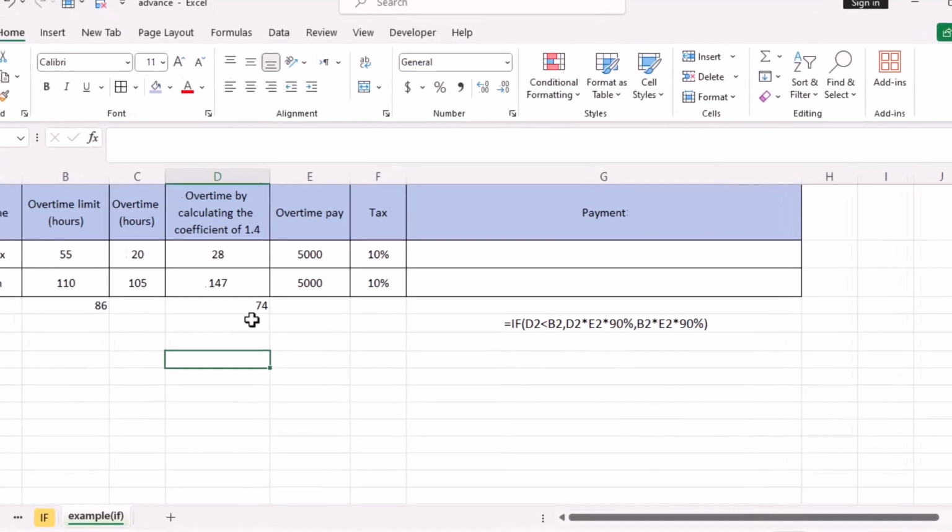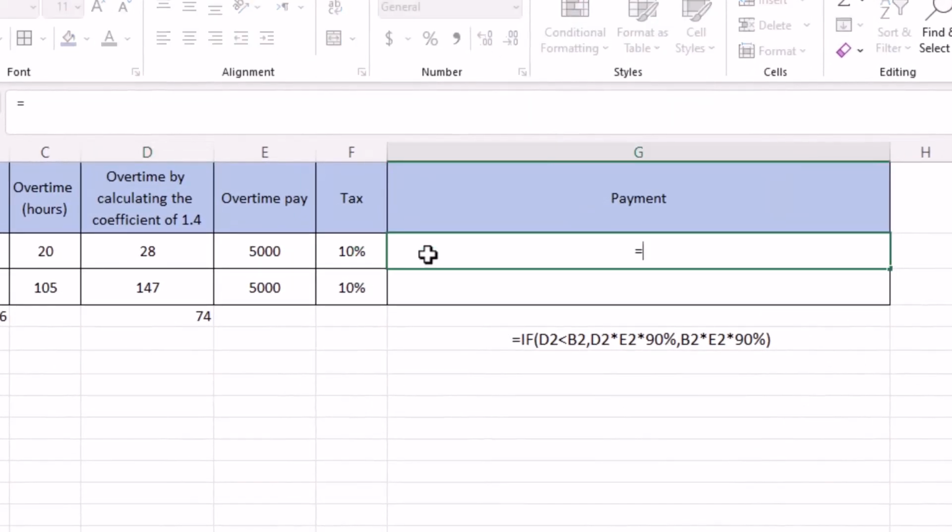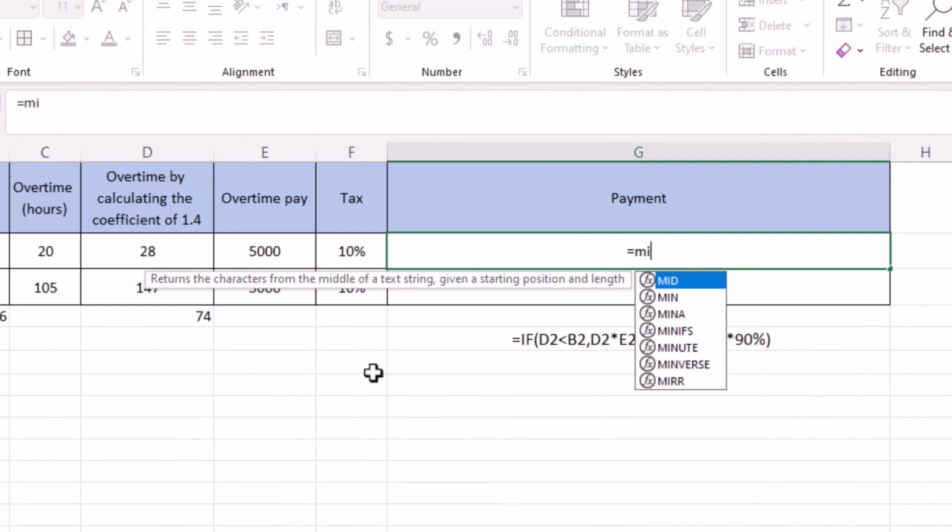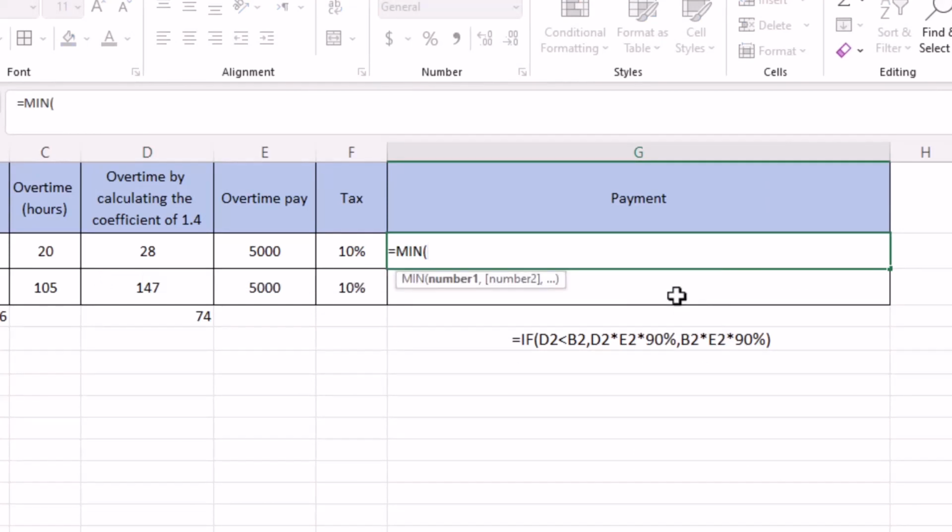My friends, look for patterns in the data. So, here we write the minimum of cells D2 and B2 multiplied by E2. And now we multiply by 90%.